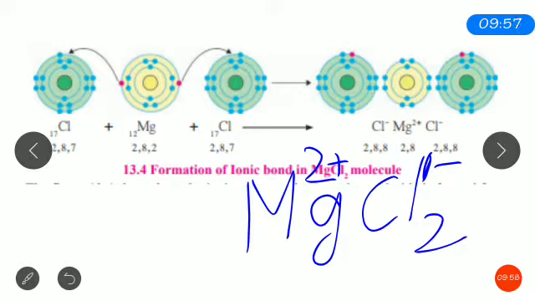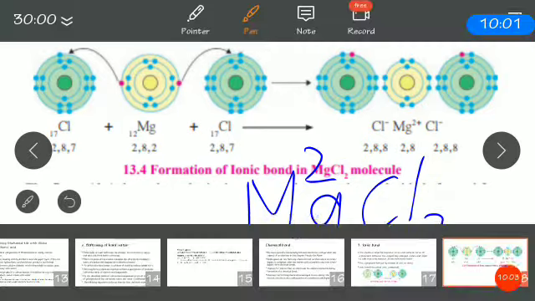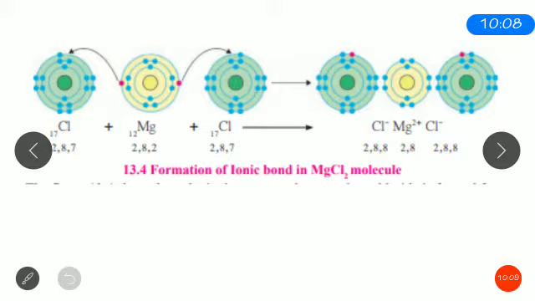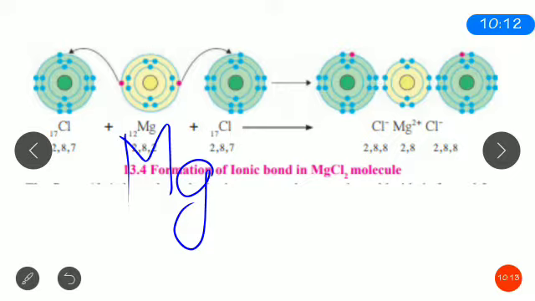Okay, so Cl2 will be like this. Just remember that when we are donating electrons, you have to mention how many electrons are being given away or accepted. Magnesium is giving away 2 electrons from the last shell, so the number of protons will be increased by 2, and it is proton, that is why plus.